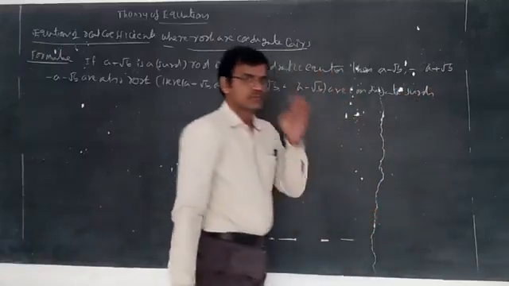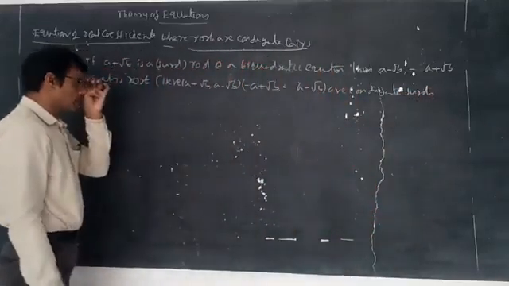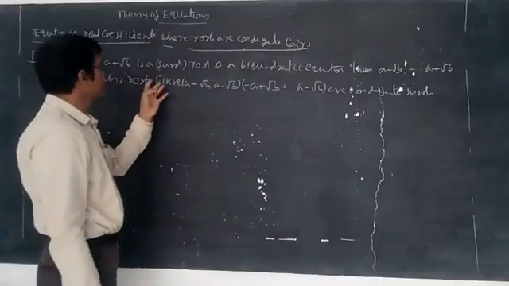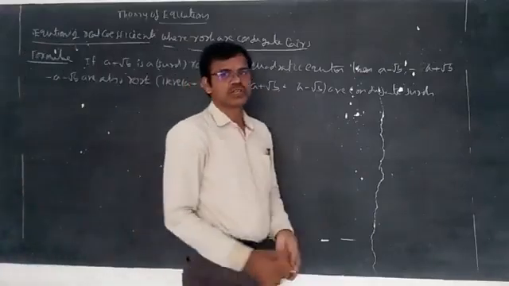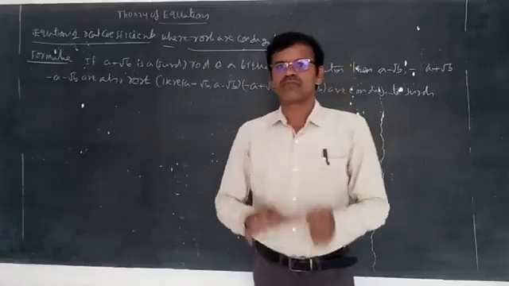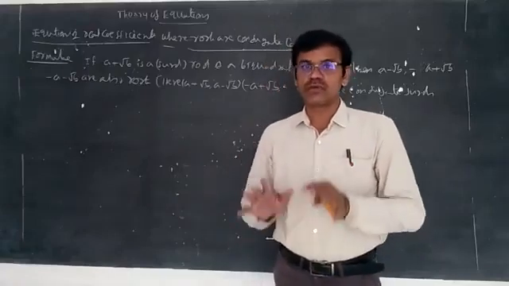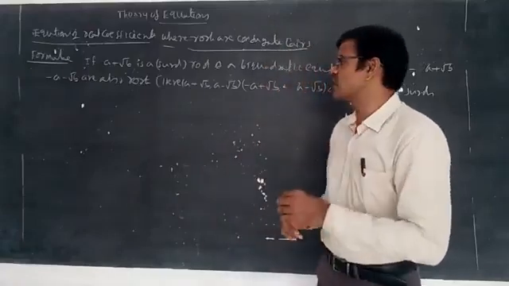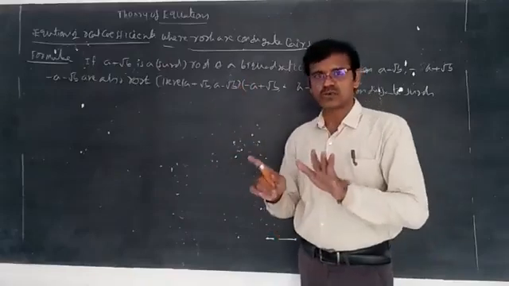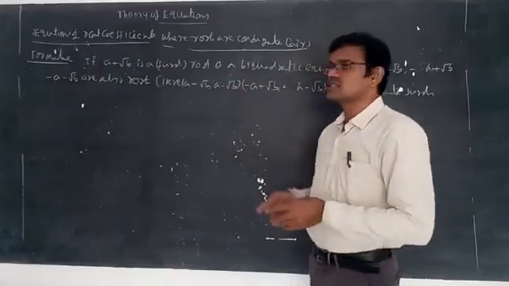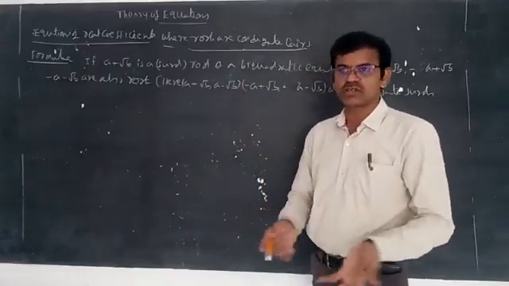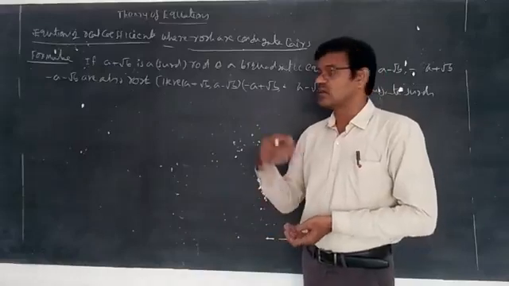Conjugate surds. So I mean that if we are given 2 plus root 3 is a root, then find all roots. If he gives that, then you can understand that 2 minus root 3 is also a root, that's all. But whenever he asks to find all the roots, we should not mention just 2 plus root 3, 2 minus root 3 like that.